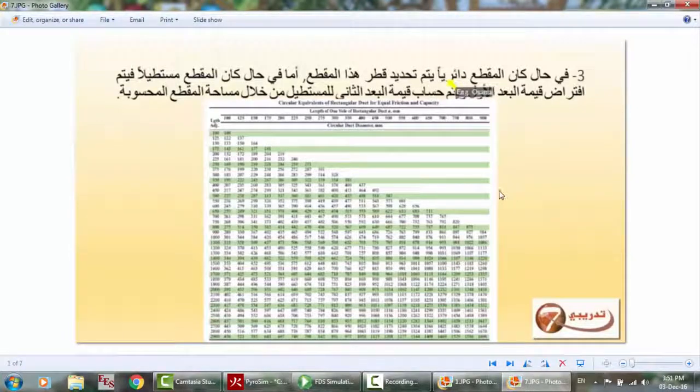So we got the diameter D of the duct. So you open this chart, and this is the round diameters, and here is the length of the side of the rectangular duct, and here is the other side.